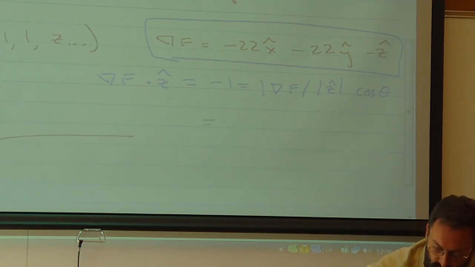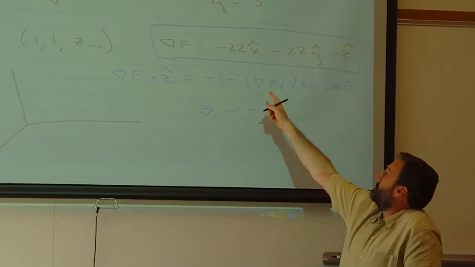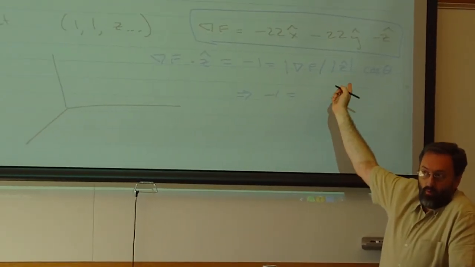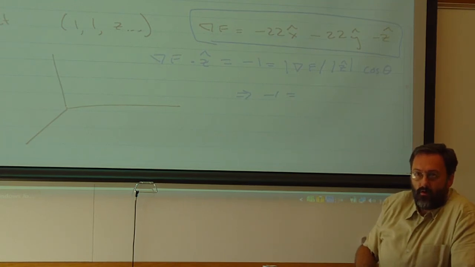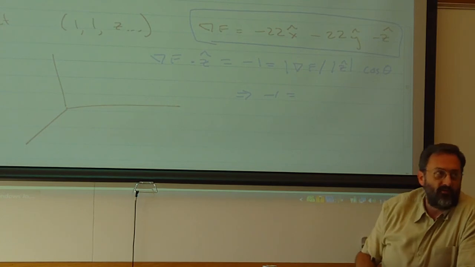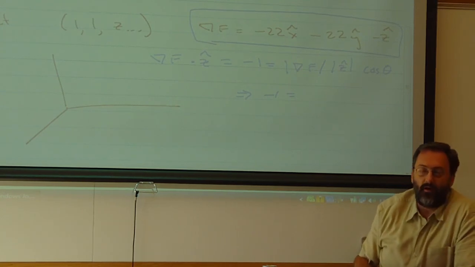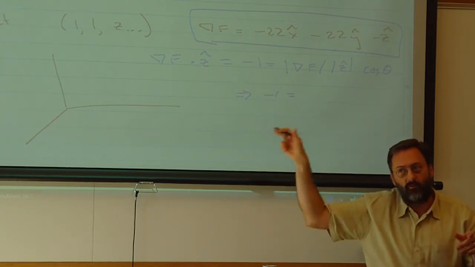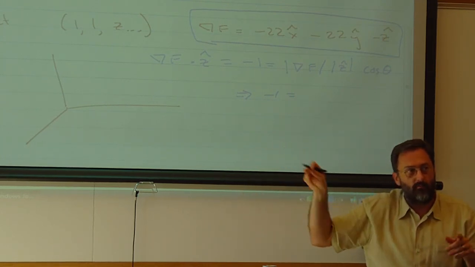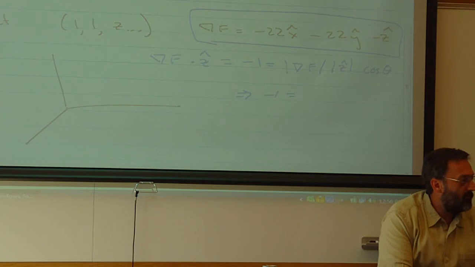So -1 is equal to, okay, so this vector is 22, 22, 1, right? Roughly it's 22 times the square root of 2, but I can work it out. The magnitude of the vector is the square root of 22 squared plus 22 squared plus 1 squared. Everybody good? 31.12?